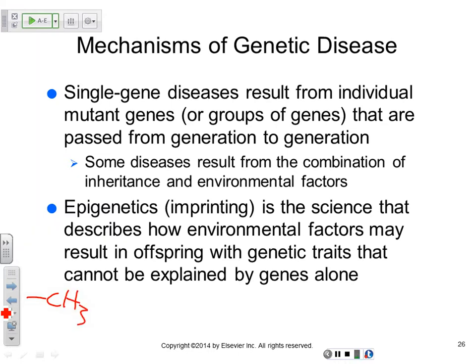When we start talking about cancer, that will be very important, because if you are over-methylated on your DNA, you can switch off certain genes that actually inhibit cancer, and then you get the cancer. It could be an interaction with the environment, and it depends on what diet you're eating or which conditions you're exposed to.